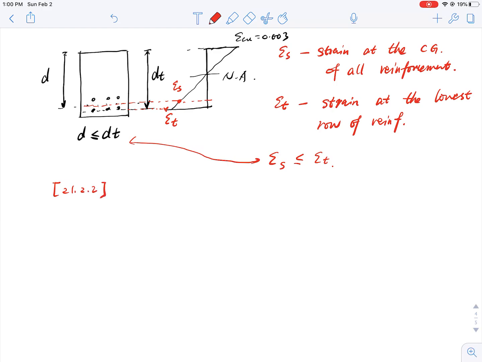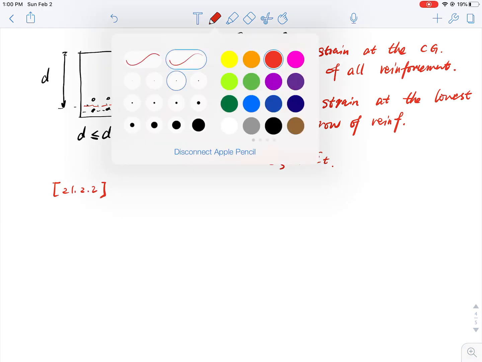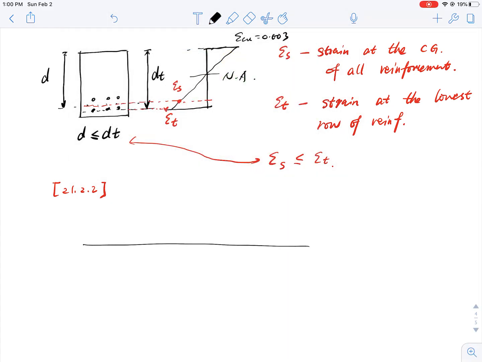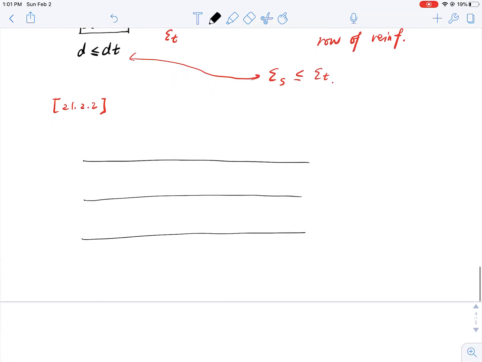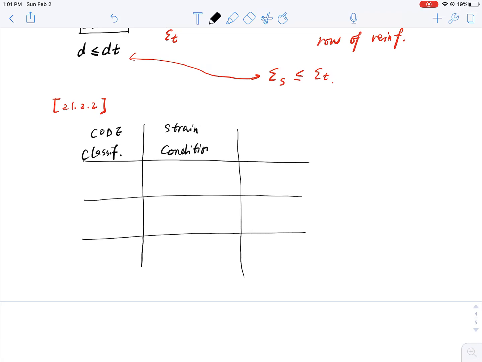Now, this is the strain diagram, and per ACI 21.2.2, it provides a nice table. Here's the table, with a first row and second row, and here is the code classification, here is the strain condition, and here is the strength reduction factor.